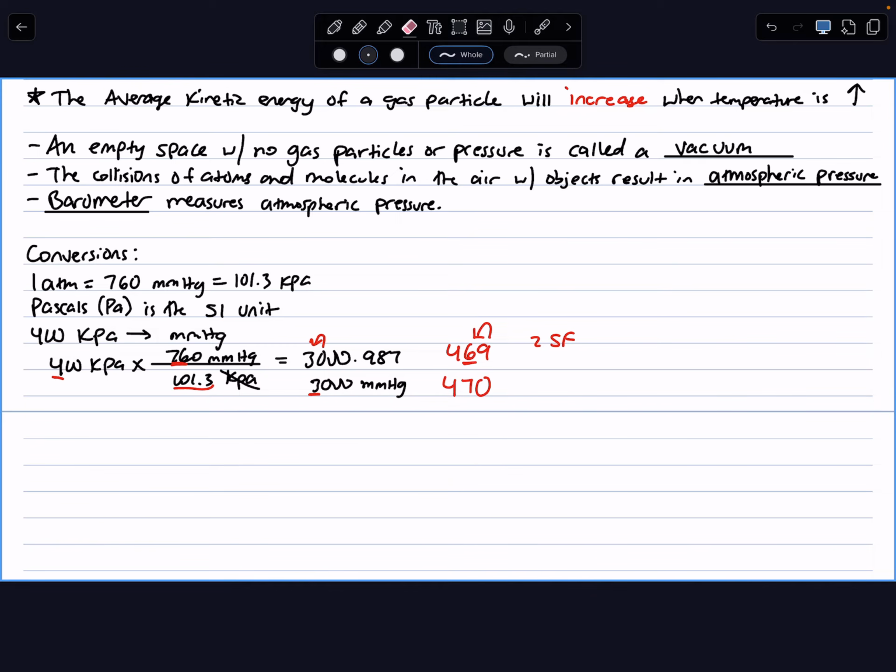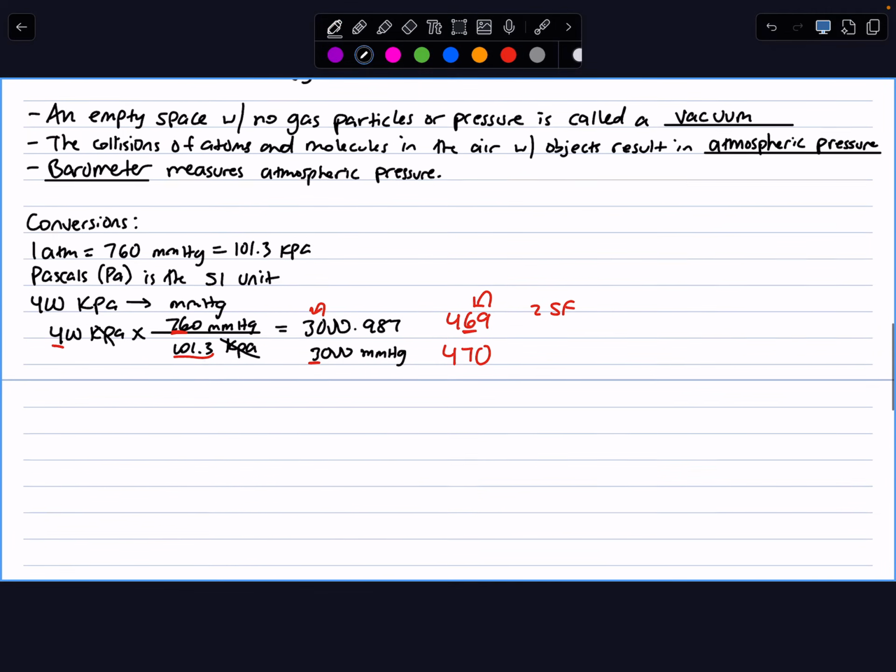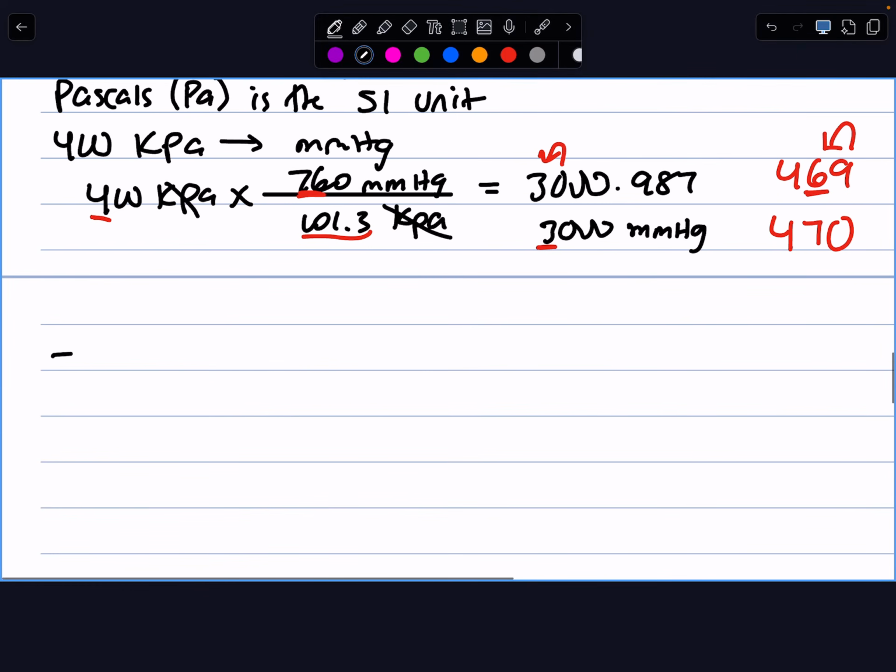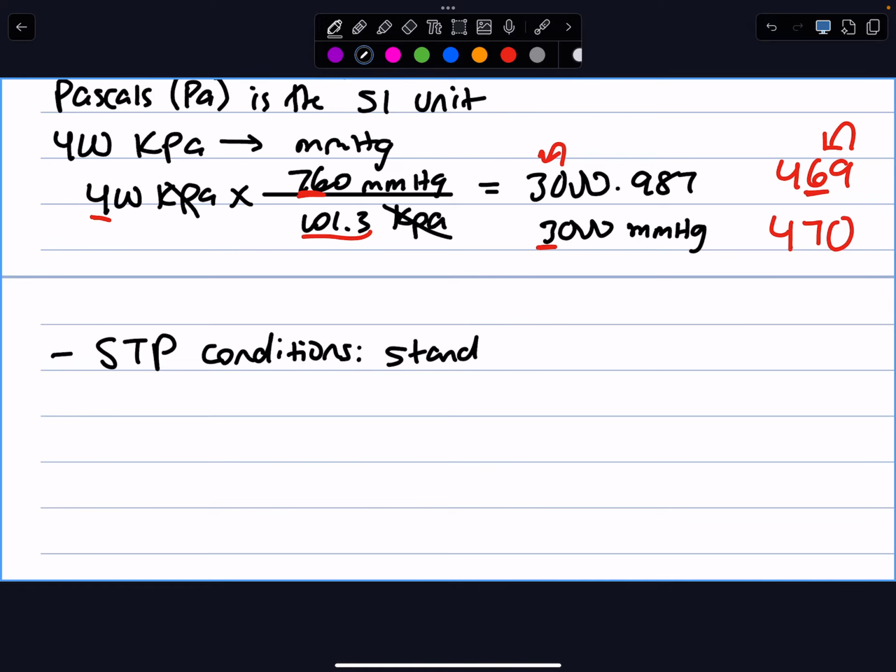Do you know what STP means? STP conditions. Very important. We learned that. There's a certain set of conditions that scientists like to use to compare experiments.